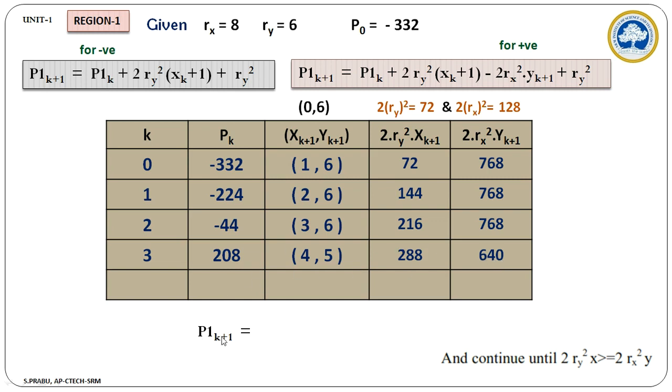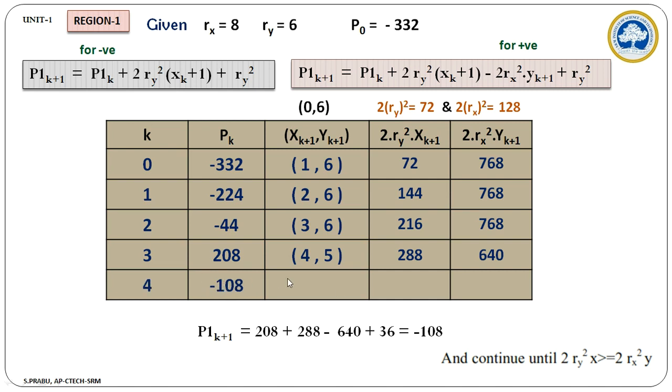Then we need to find the next decision parameter value using this formula, because this value is positive. So 208 plus this term, that is 288, minus this term, that is 640, plus ry square, that is 36. So we get minus 108. So I write this value here.